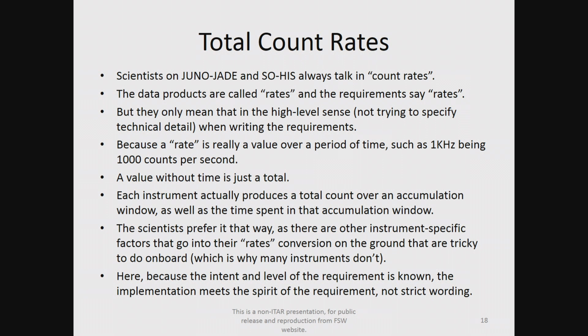If we were to take the high-level requirement of count rates, we'd be doing a time division on board and accounting for settling time or dead time, which is when the electronics have to process one event and may ignore other events while that one is coming in. If we did this on board, it would be complicated, or we'd be doing it in a partial way that we'd have to reverse back out on the ground. So knowing high level versus derived, they can say count rate, I can deliver total counts, and it's all okay.